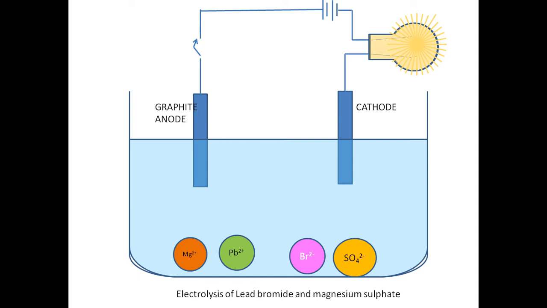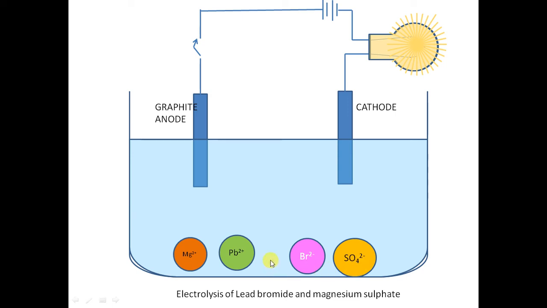Here comes the activity series. We have studied the electropositive series, so look at the position of magnesium and lead. If we look into the electrochemical series, we see that lead is placed at a lower position than magnesium. And if we look into the electronegative series, bromide is placed at a lower position than sulfate.